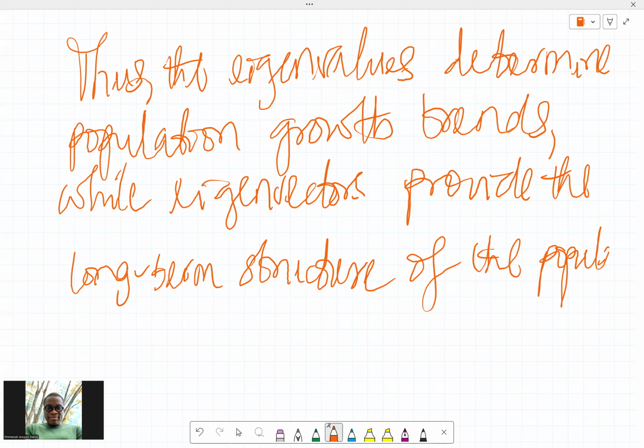Okay, that's what this is saying. So you can see eigenvalues and eigenvectors have a very serious role to play.